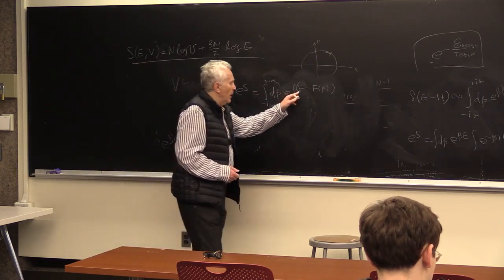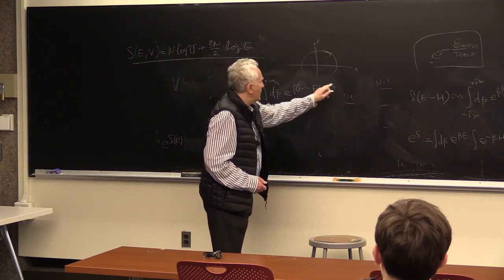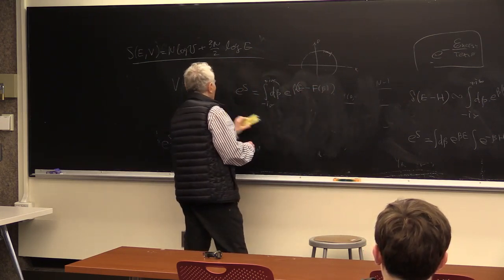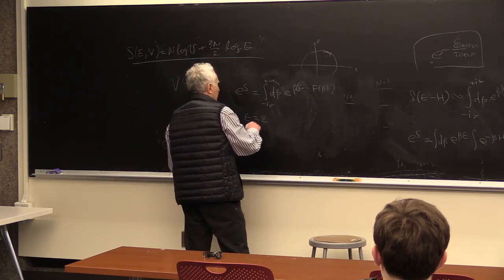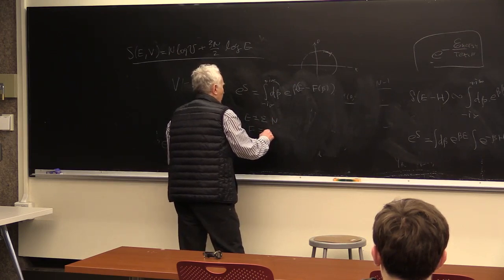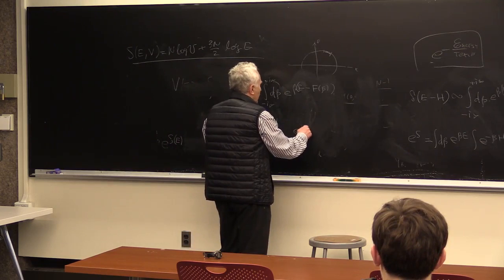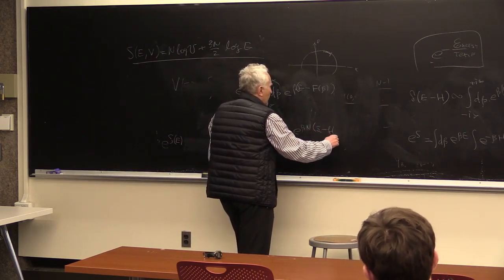So we have a huge factor here in the exponential. For a large number of particles, if you introduce, for instance, epsilon n and f, you will get e to the beta n epsilon minus f of beta.